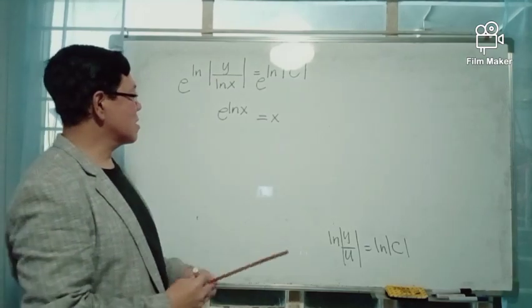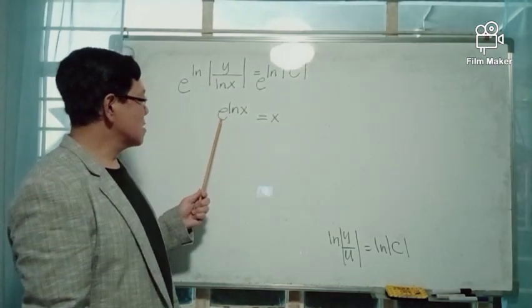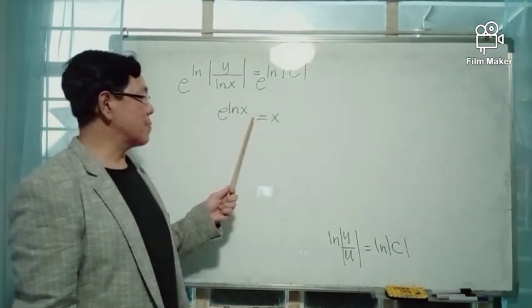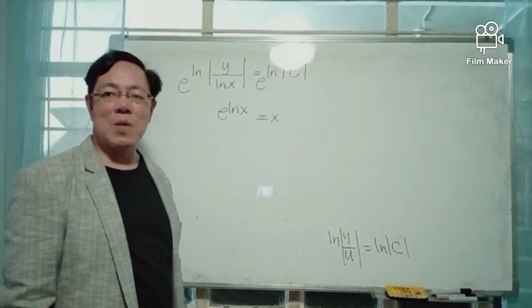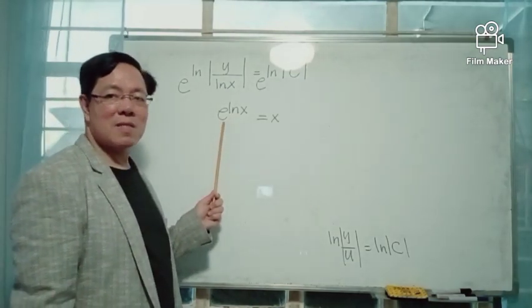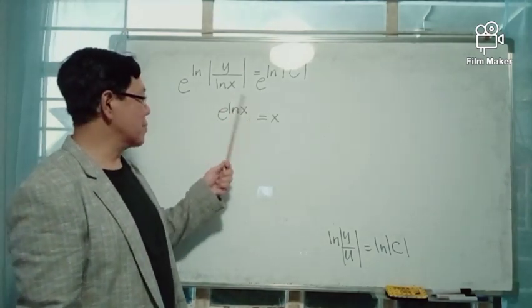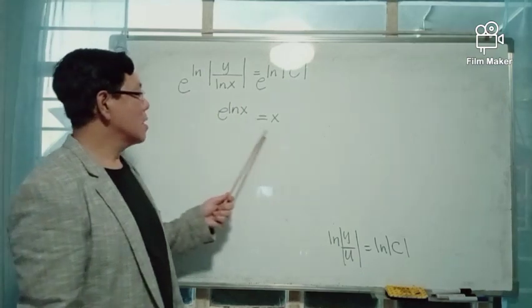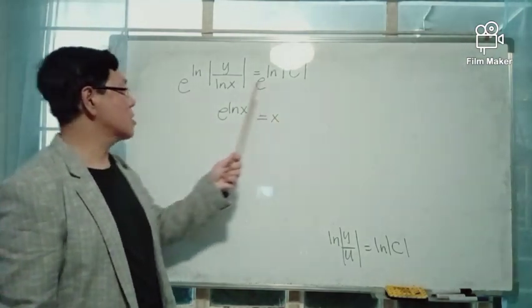This is because ln is a logarithm to the base e. Thus, e to the power ln of x simplifies to x. Again, ln is a logarithm to the base e. And this property says if you raise e to the natural logarithm of x, this simplifies to x. And we apply this property to both sides of this last equation.